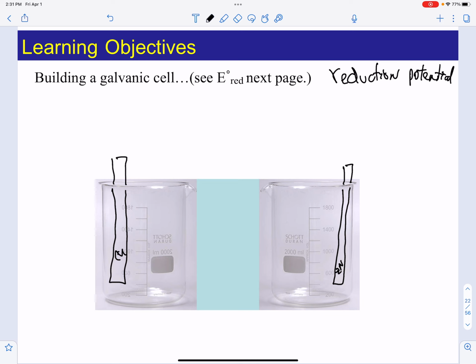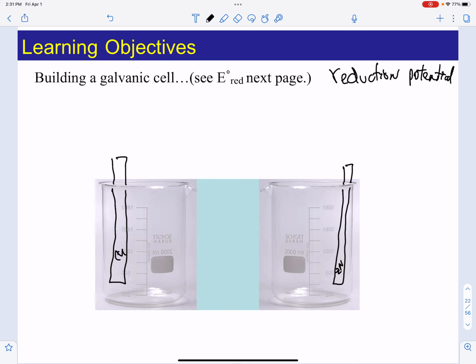So the reduction potential is basically a measurement of the tendency of the metal to be reduced. The higher that number, the easier it is to reduce that metal.